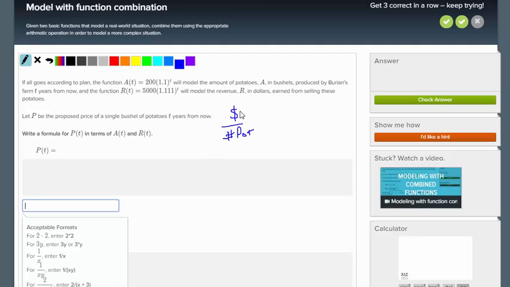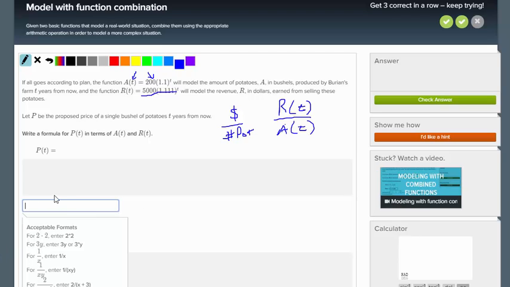So what's my revenue from the potatoes? I'm bringing in this for my revenue. So this will be R of t over the number of potatoes he's selling. In this case, I want to do it in terms of R of t and A of t, over A of t.